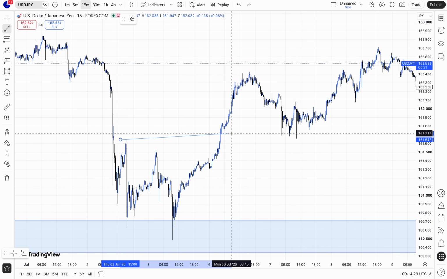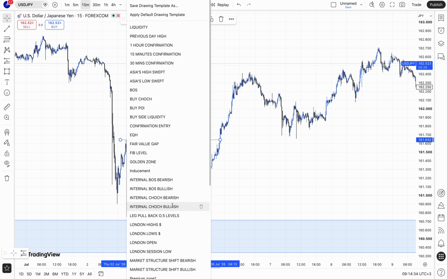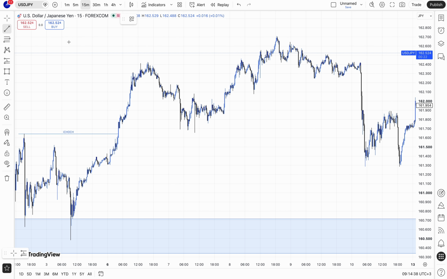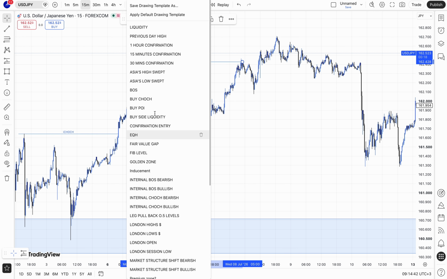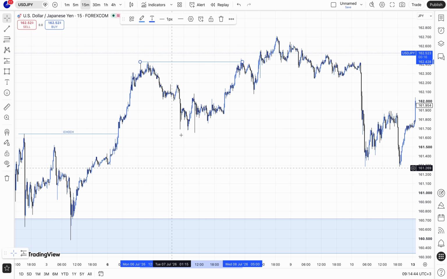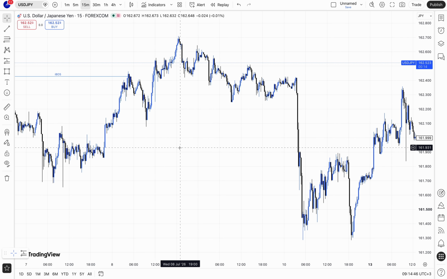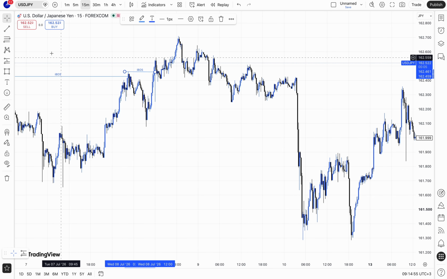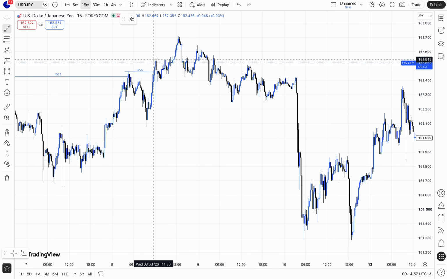Then you can see from here the change of character to the upside. Then from here we had our break of structure to the upside. Then you had a continuation from here. Then from here another continuation break of structure to the upside.